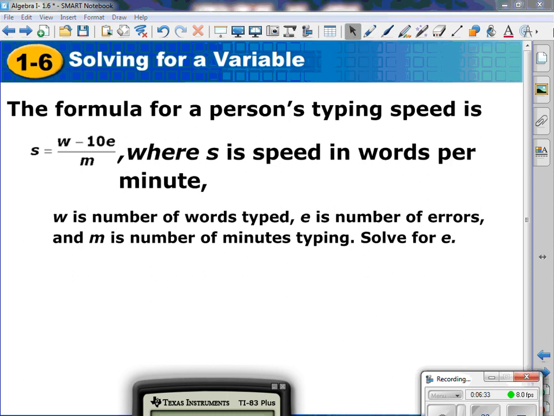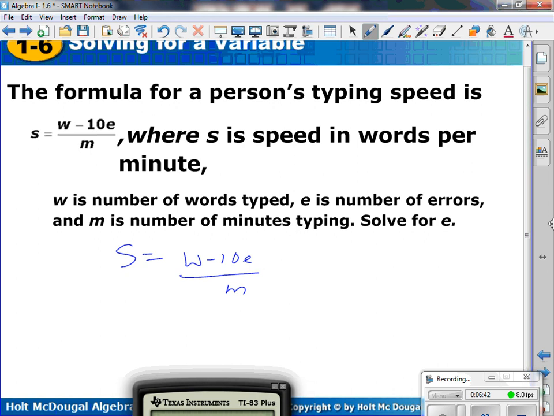All right, I have s equals w minus 10e over m. What's causing me the issue right now for solving for e? 10's fine. I have w minus 10e divided by m. The last thing I'm saying is divided by m, correct? How do I get rid of divide by m?